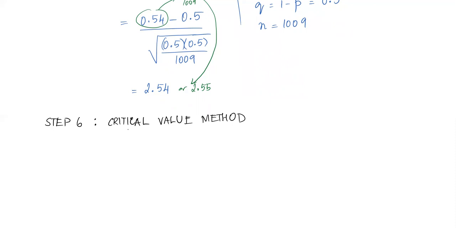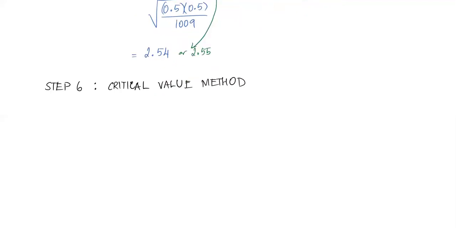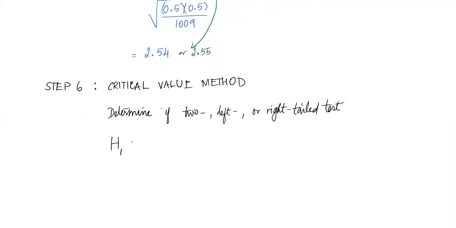And for that, we looked at H1. Okay. So I'll just say determine if two-tailed, left, or right-tailed test. To do that, your focus is on H1. So H1 in our problem uses greater than. This implies we are using a right-tailed test.